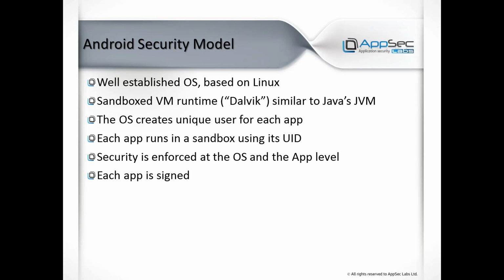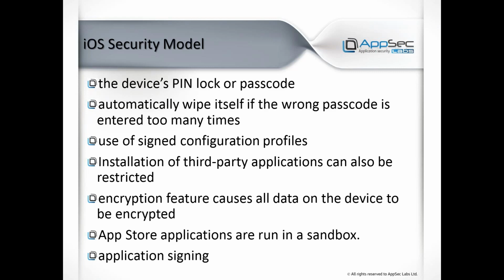All the apps are signed, so that, for example, if you're downloading an app from the Google Store, they make sure that what you've downloaded comes as it was provided by the vendor. So it is doing a digital signature verification on that. And in general, apps are separated from each other. So one app cannot just influence another app.